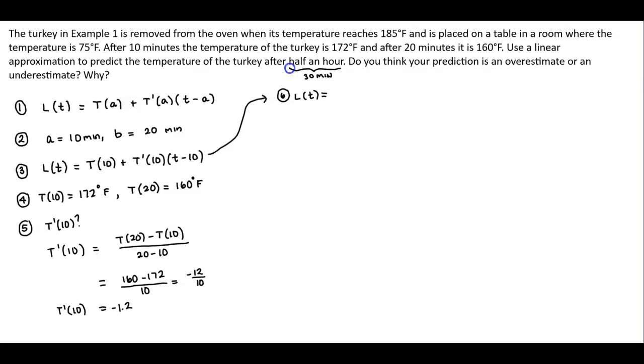We know T of 10 is 172, and then plus, we know T prime of 10 is negative 1.2 times t minus 10. So now we're going to distribute. We get L of t equals 172 minus 1.2t plus 12. So the linearization formula L of t is going to equal negative 1.2t plus 184.